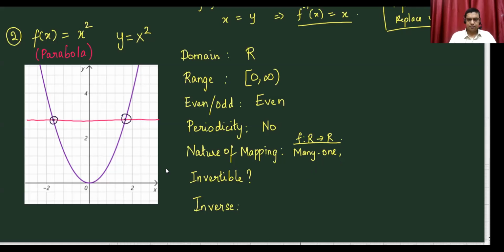The codomain is R, but the range is only 0 to infinity. You see the graph, it is not taking the negative values of real numbers at all. It only takes the positive values. Okay, so it is into.